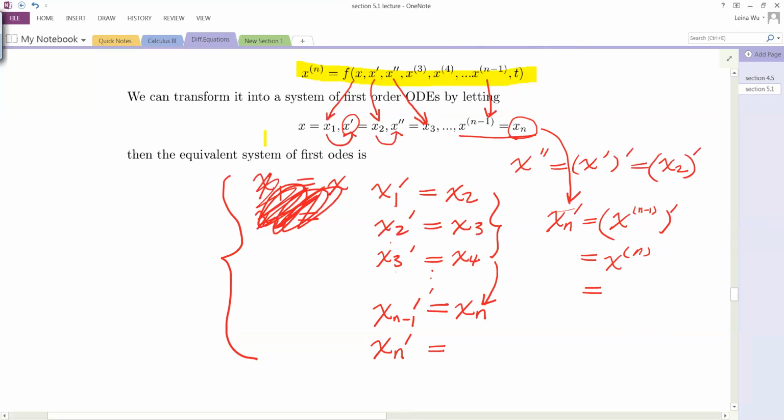Now, based on the original equation, the x to the nth order derivative would just be f of x, which is x1, x prime, which is x2, and keep going up to x of n, comma, t. So the last equation will just be f of x1, comma, x2, up to x of n, comma, t.